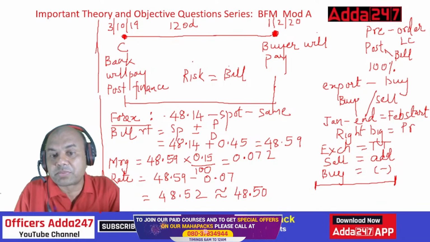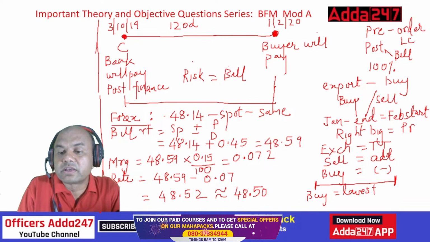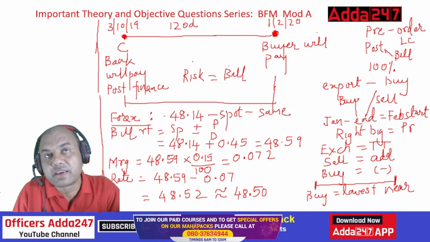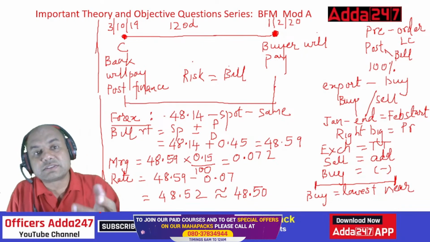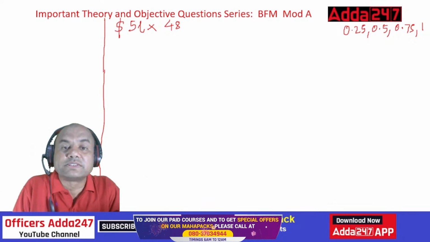But always remember, whenever you are buying, it should always be done at the lowest near. Buy equals lowest near, and selling I'll be rounding off to the highest near. Okay. So here I will round it off to 48.50.